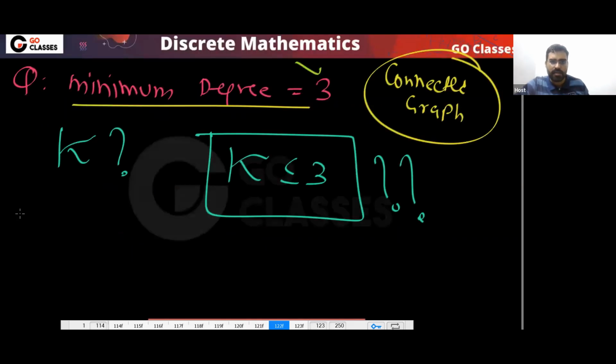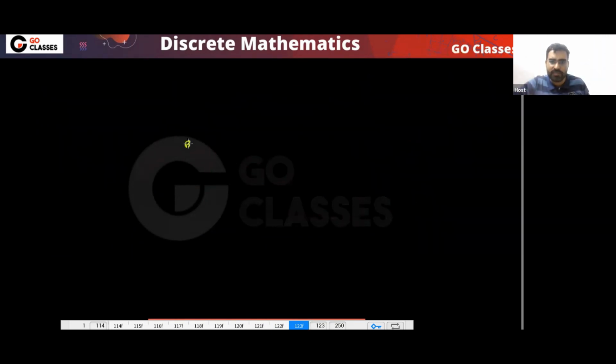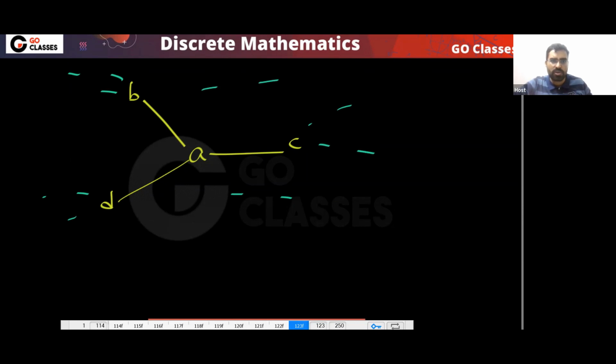The same thing: if your minimum degree is 3, then can I say kappa is less than or equal to 3? The exact same idea. Yes, because, for example, this vertex has degree 3. There can be some other graph, but you can notice one thing.